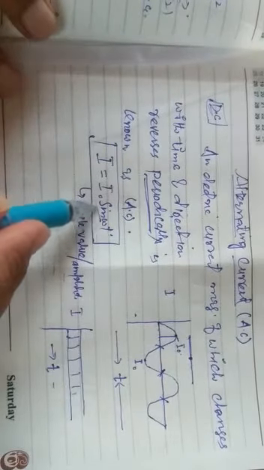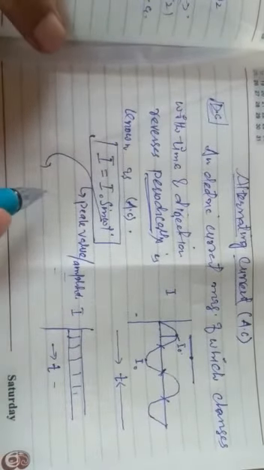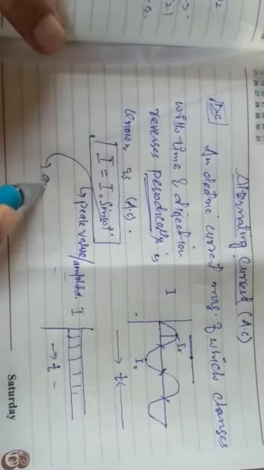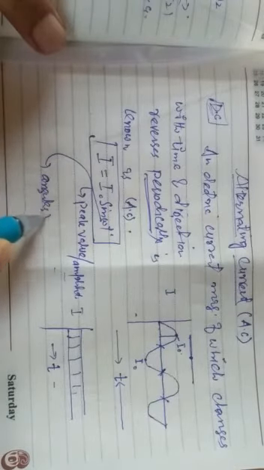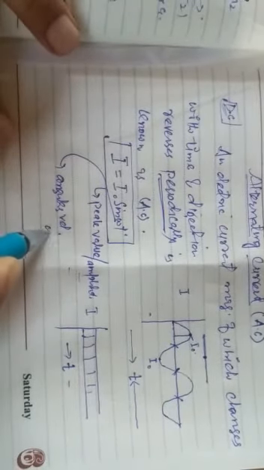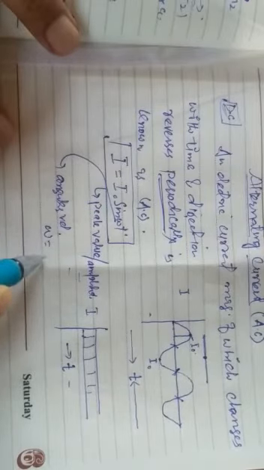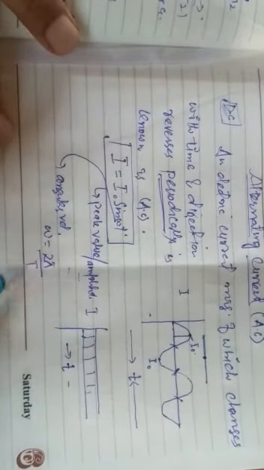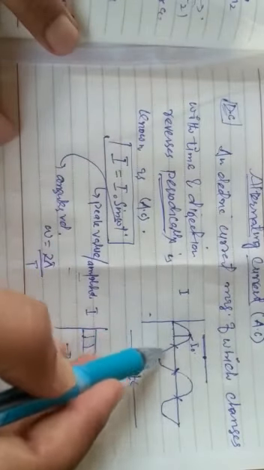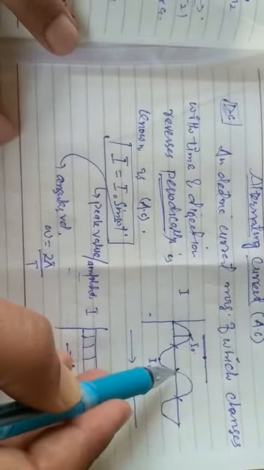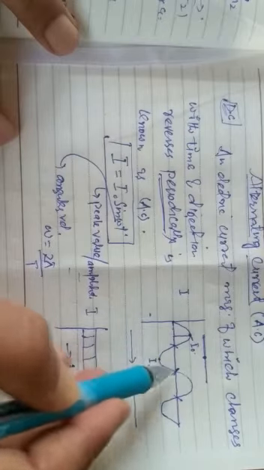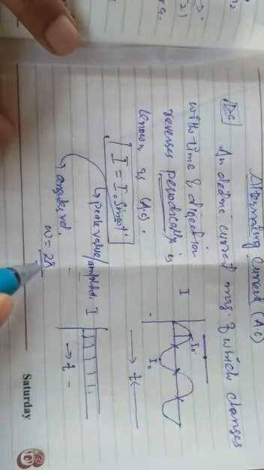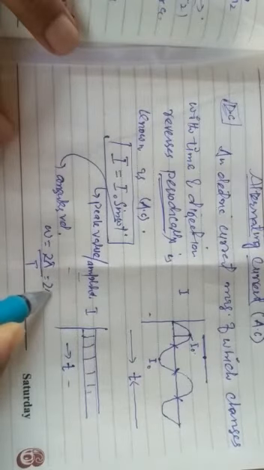And now there is omega. What is omega? Omega is called angular velocity, and omega equals 2 pi over the time period. Time period is the time taken to complete one cycle.